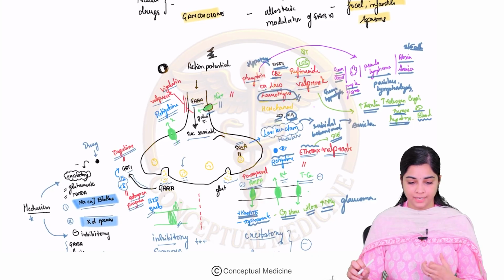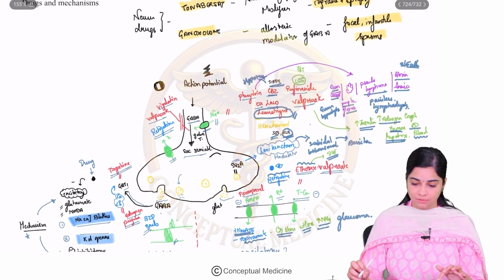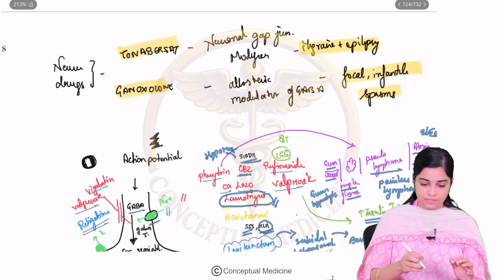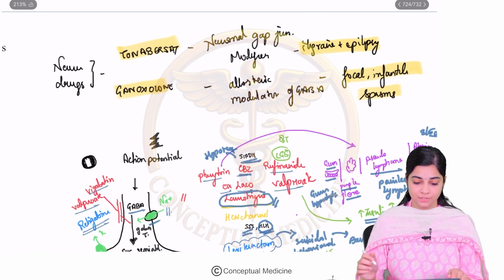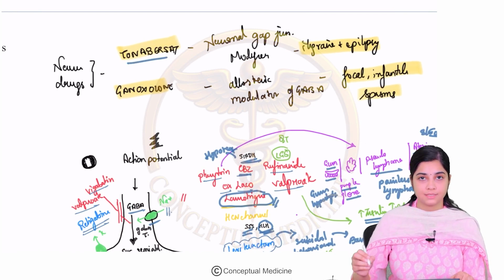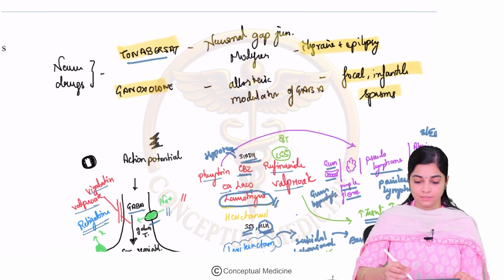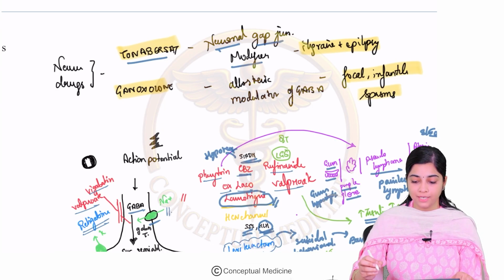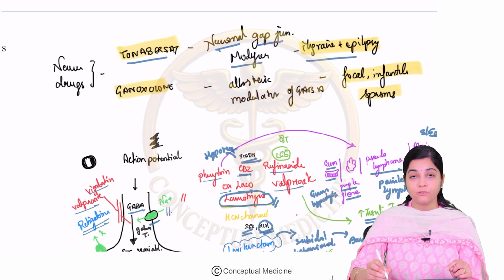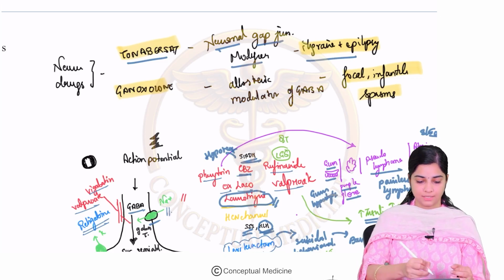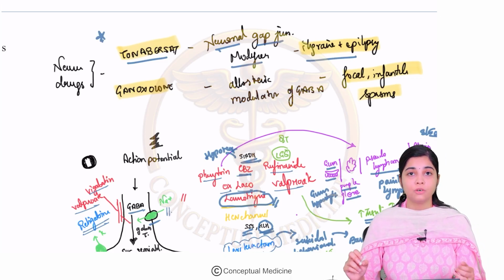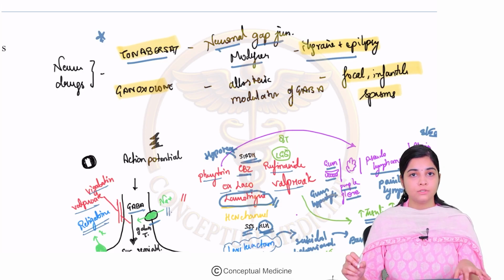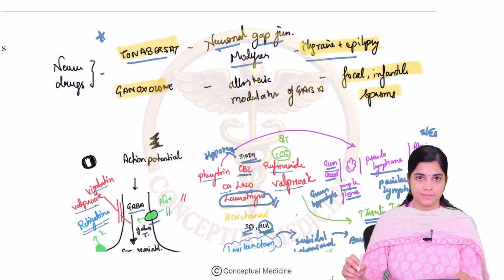Also, let us learn about two newer drugs which are used. The newer drugs used in the management of epilepsy: we have tonabersat. Tonabersat is a neuronal gap junction modifier used in the management of migraine with epilepsy.